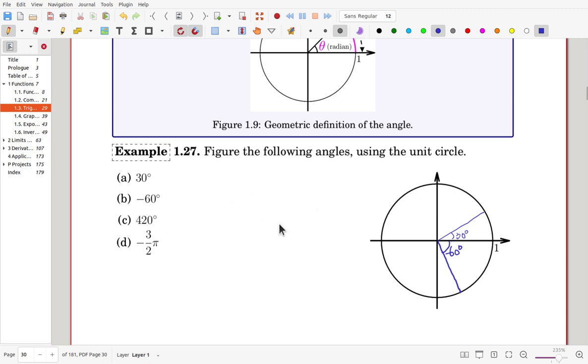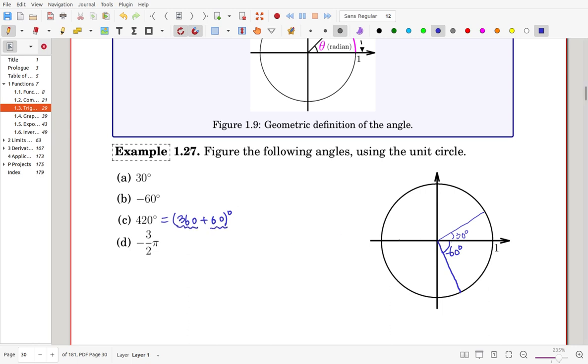And 420 degrees, that one is the same as 360, the whole circulation, plus the leftover, which is 60. So we may ignore the whole circulation portion and keep 60 degrees.